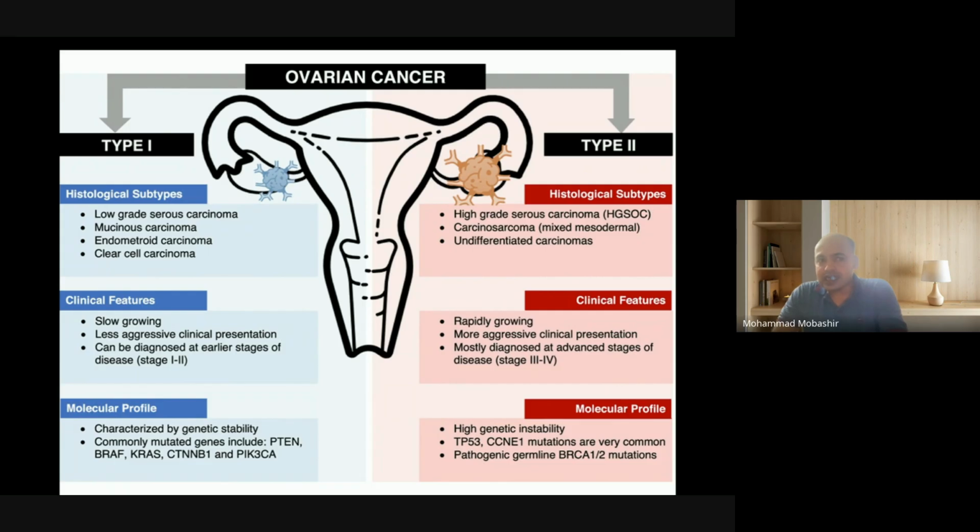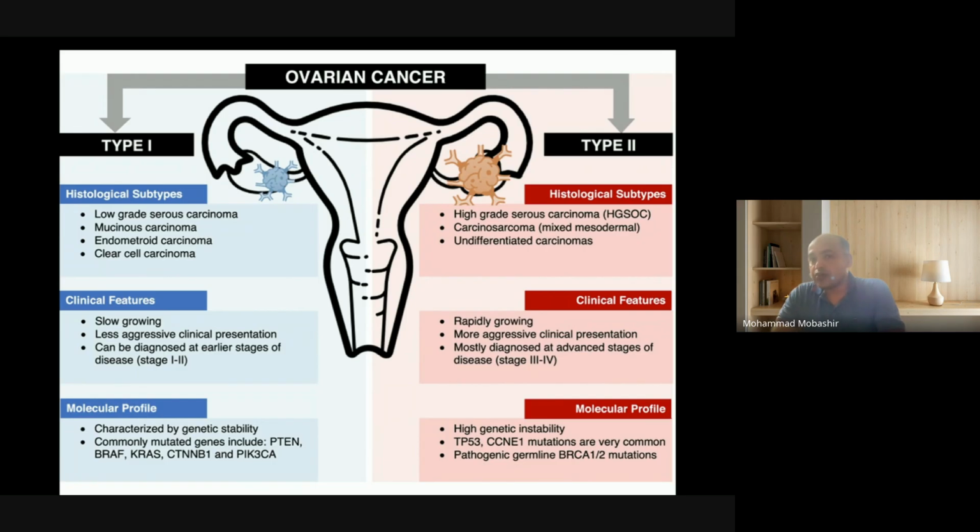The clinical features are slow growing, less aggressive presentation, and can be diagnosed at early stages of the disease, like stage 1 to 3. The molecular profile is characterized by genetic stability. Common mutated genes include PTEN, BRAF, KRAS, CTNNB1, and PIK3CA.